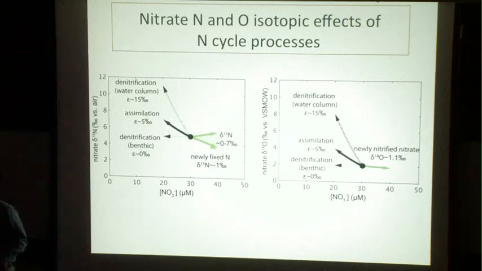And so let me take you through these schematics quickly, which compare how to think about the effects of different biogeochemical processes on nitrate delta N15 and on nitrate delta O18. So we've got a plot of nitrate delta N15 versus nitrate concentration and delta O18 versus nitrate concentration over here.